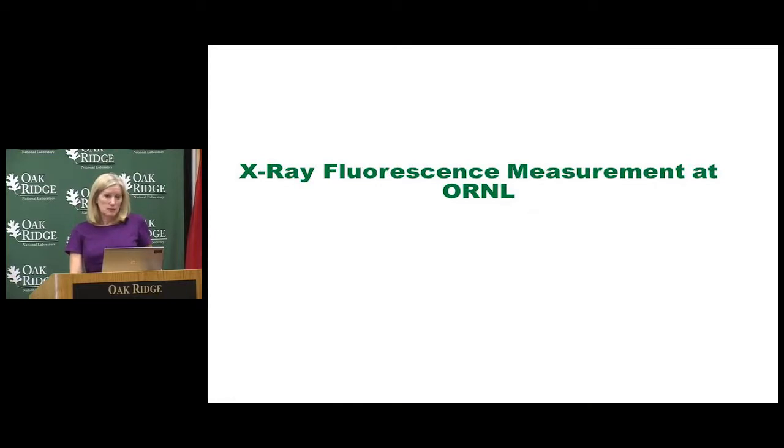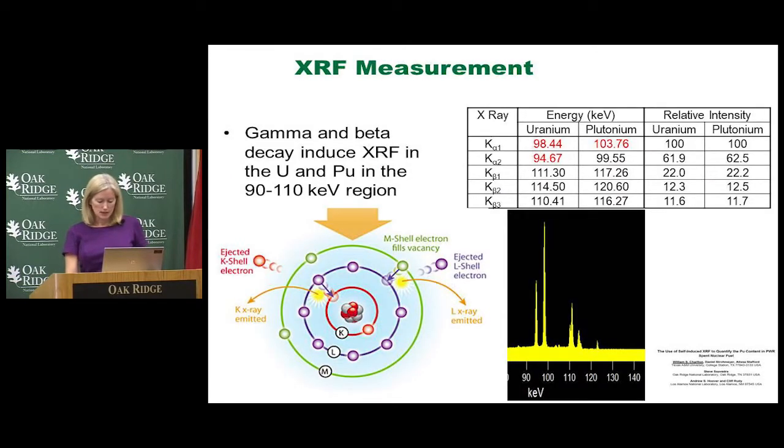I'll move on to the X-ray fluorescence measurement. Again, this is almost a repeat of the slide that I showed for the hybrid K-edge. The gamma and beta decay in the fuel produce the XRF peaks, and here's the spectrum that I showed you before, but this is actually from the fuel. We take a look at this uranium K-alpha 1 peak, and then plutonium, which is this tiny peak right here.